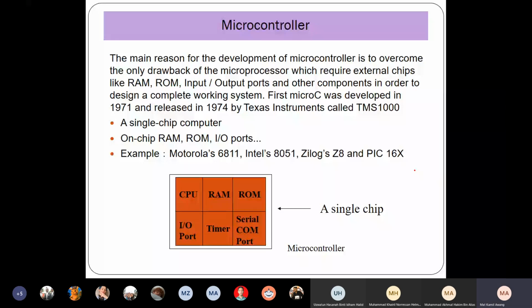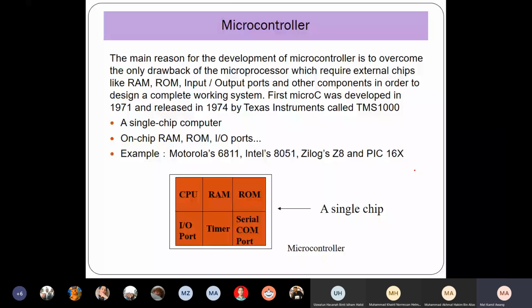In a microprocessor, you have the processor, and then other external ICs that you need to put together in order to make it work. Whereas in a microcontroller, everything is already on that one single chip. The first microcontroller was developed in 1971 and released in 1974 by Texas Instruments, called the TMS 1000.